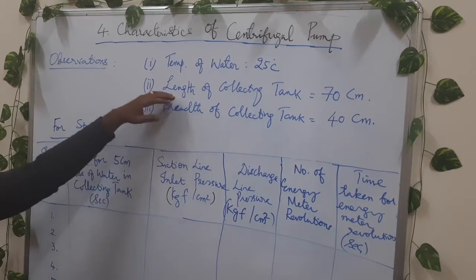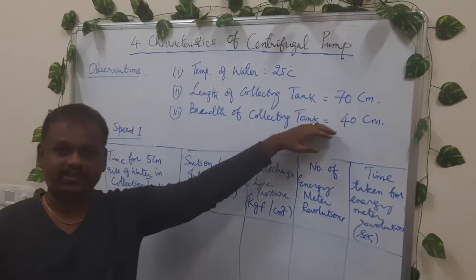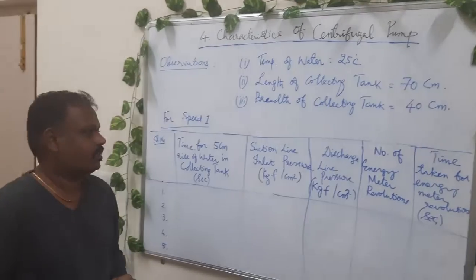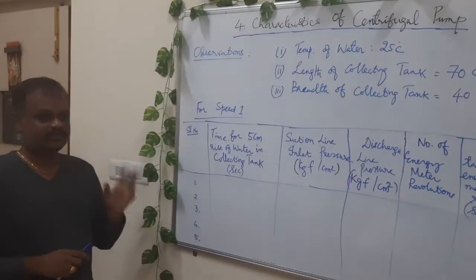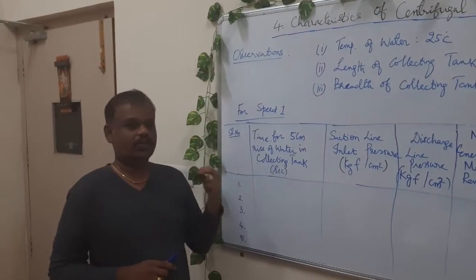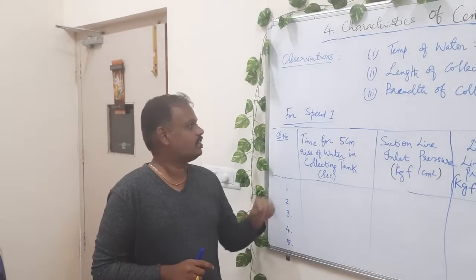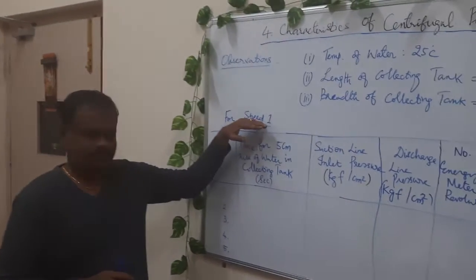In our case, the length is 70 centimeter and the breadth is 40 centimeter. To start the experiment, we fixed our pulley position with the belt for speed number 1.